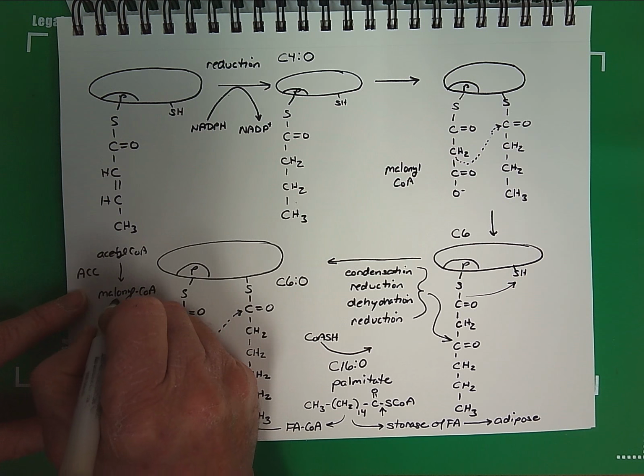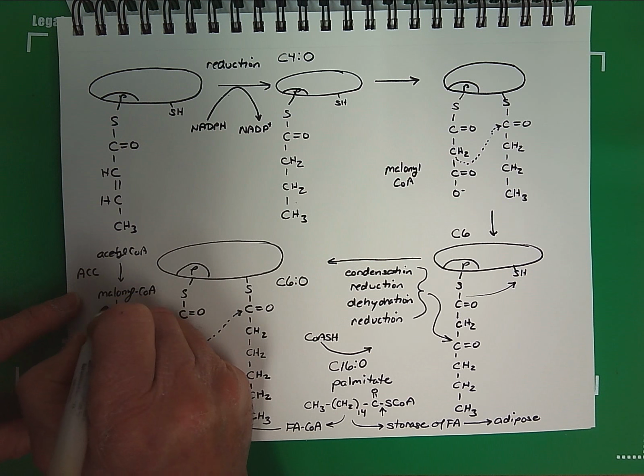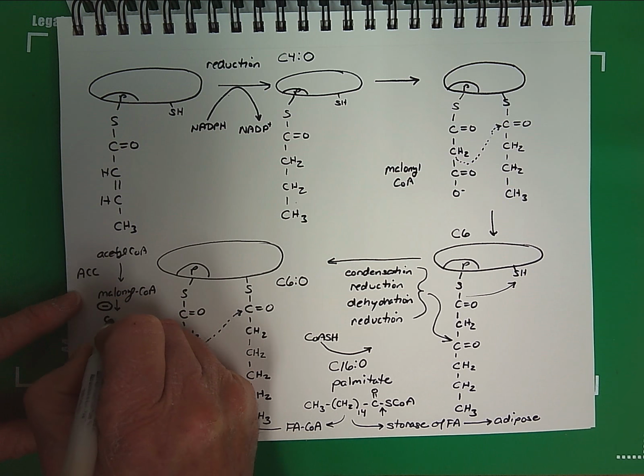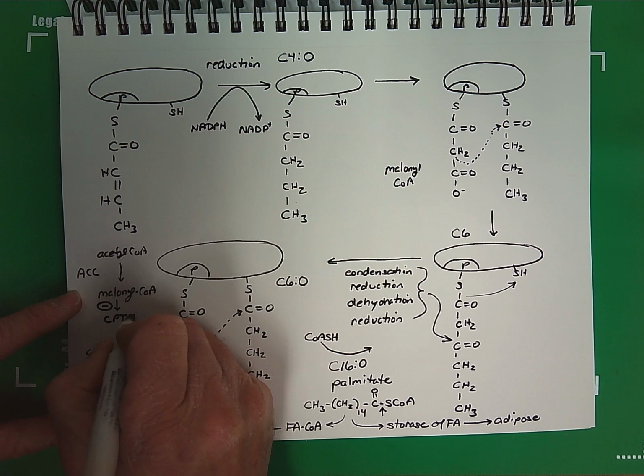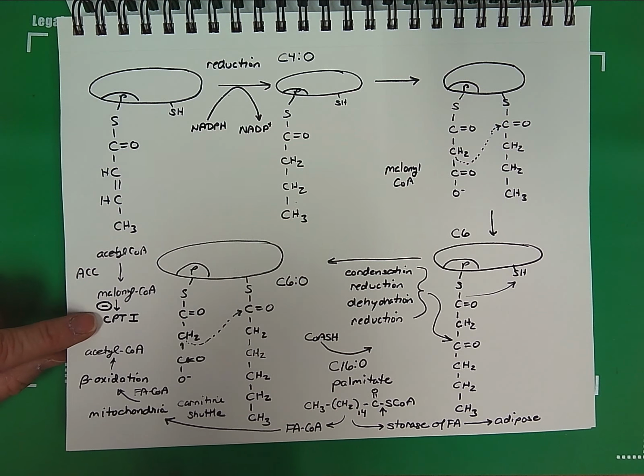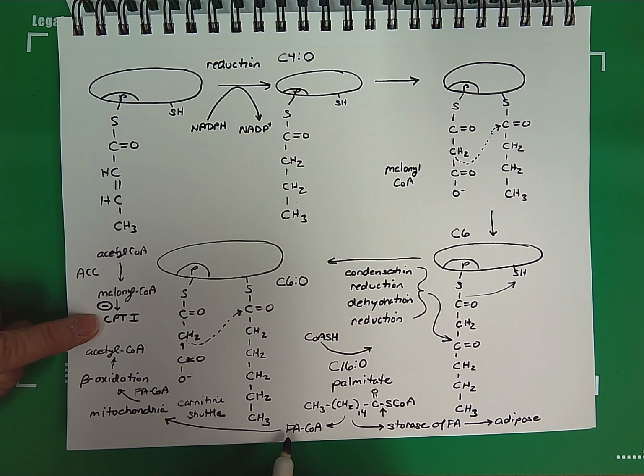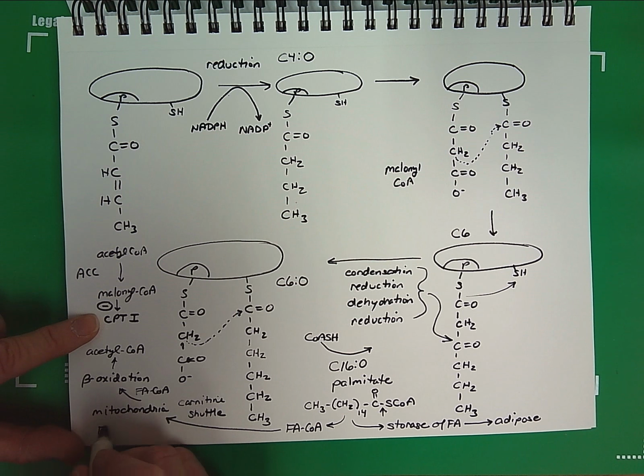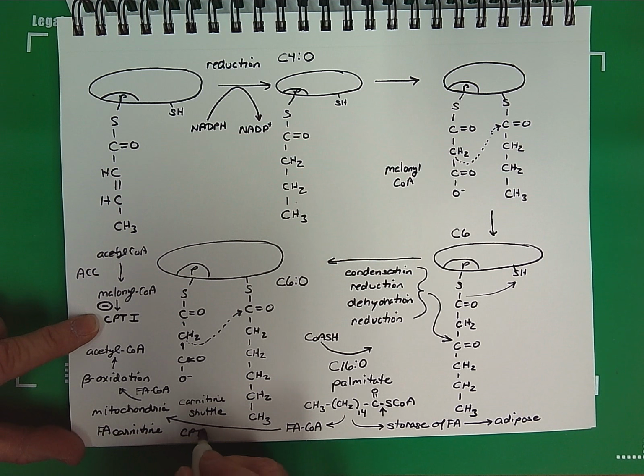Malonyl-CoA is in the cytoplasm, and this will inhibit CPT1, which is the carnitine palmitoyl transferase 1. So the enzyme responsible for fatty acyl CoA to make the fatty acyl carnitine for translocation into the mitochondria, that enzyme is CPT1.